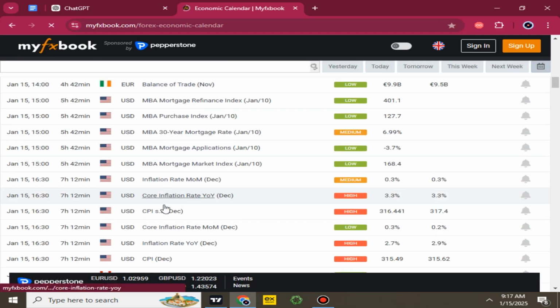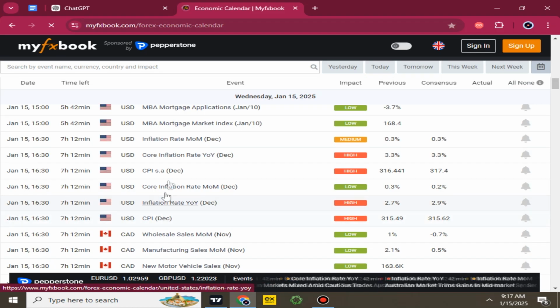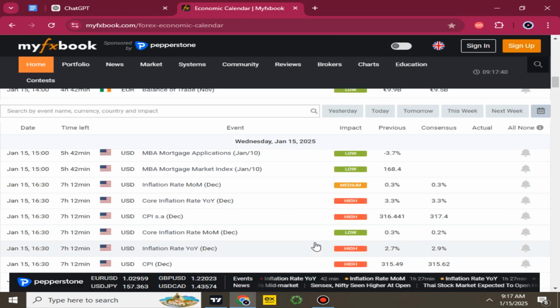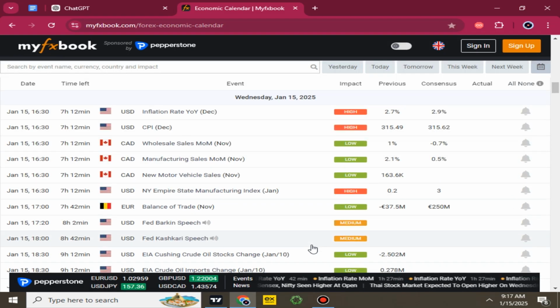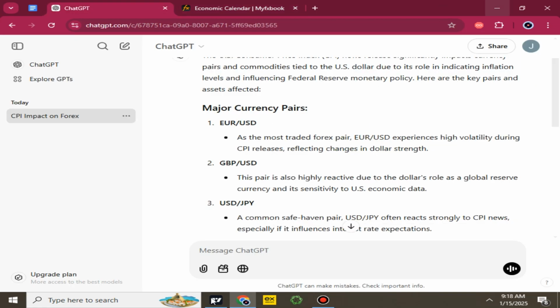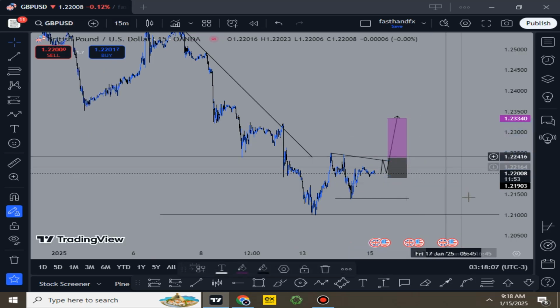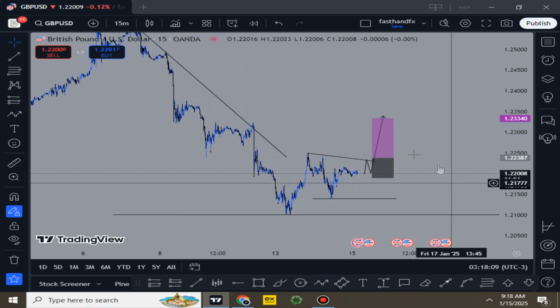Okay, can you see CPI inflation rate? Then hopefully we don't get weak moves before we see the trade going in our favor, right?